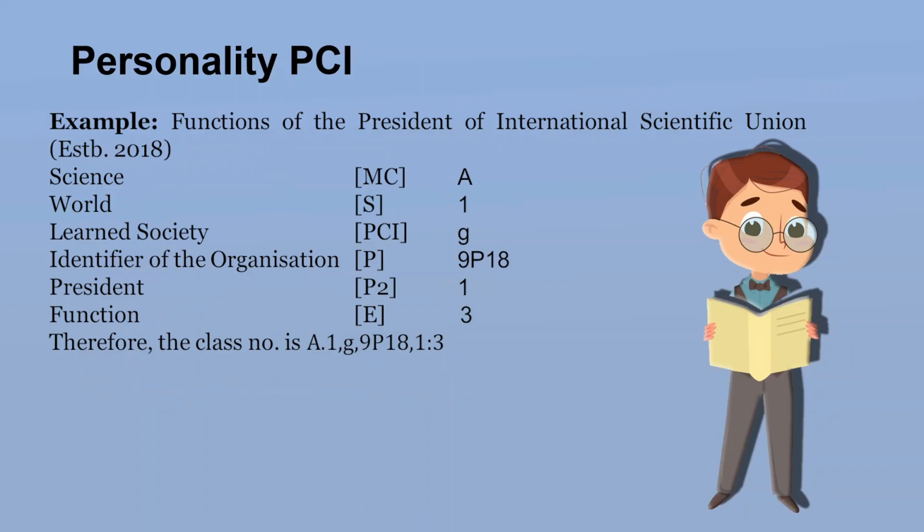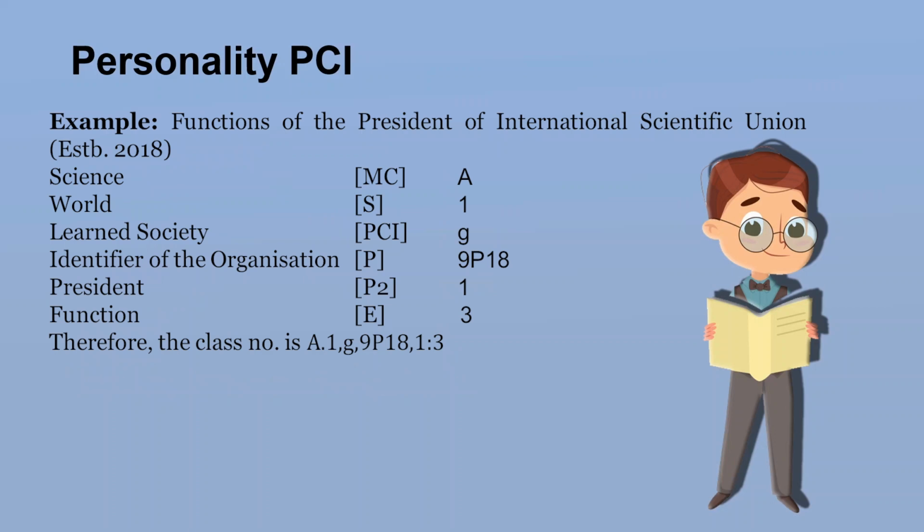Then we get the personality second level, that is president, and it is got from the main class V history, and function of president is to be got from the energy facet of the main class history.